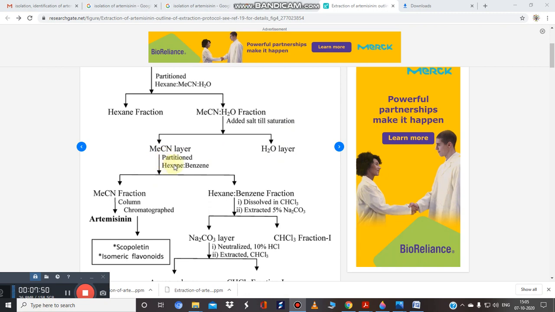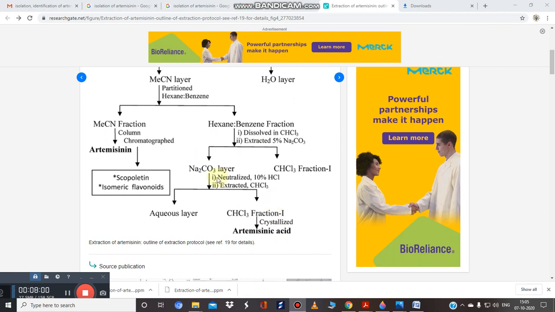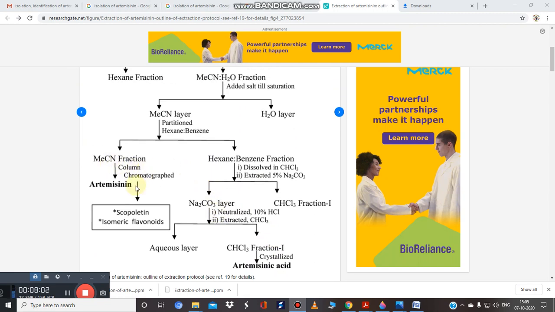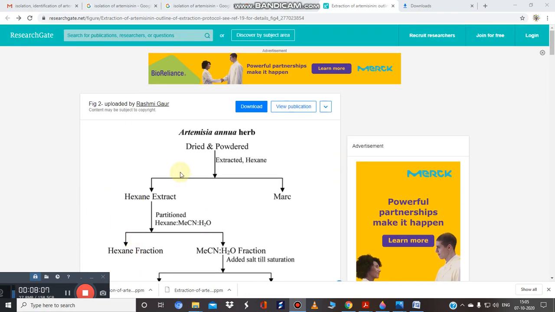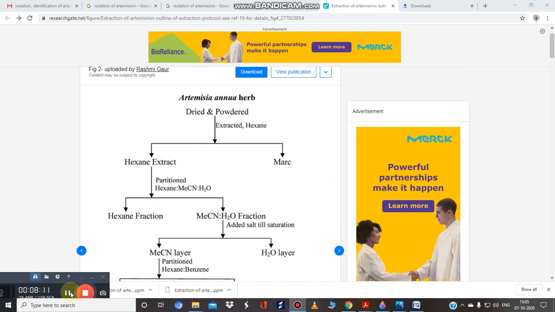It is again partitioned between hexane and benzene, and we will again work only upon the MeCN layer and discard the hexane benzene fraction, because in this fraction artemisinic acid is obtained. But from the MeCN fraction, by column chromatography, artemisinin is easily isolated. So this is the isolation procedure of artemisinin using Artemisia annua.